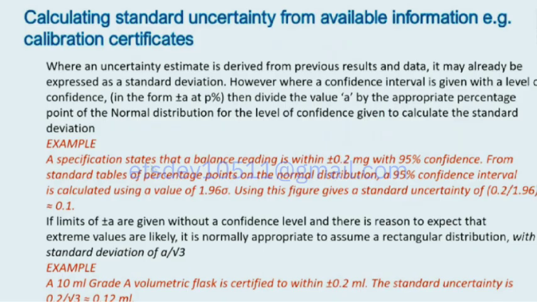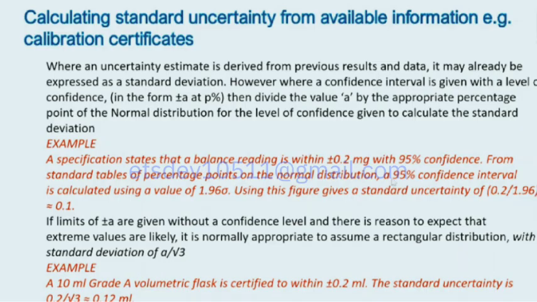If you look at the balance, the manufacturer says that the reading is within plus minus 0.2 milligrams with 95% confidence. From standard tables of percentage points on the normal distribution, a 95% confidence is calculated, and we can use this figure. If the limits plus minus A are given without a confidence level, then there is reason to expect that we need to use A by √3.